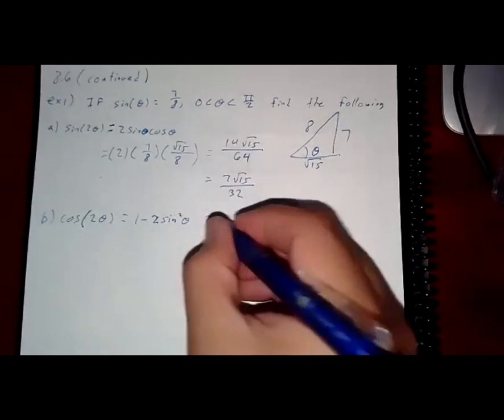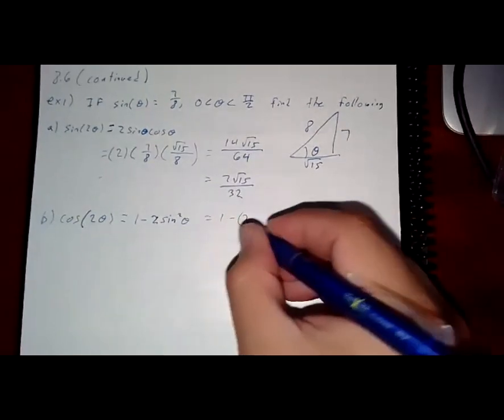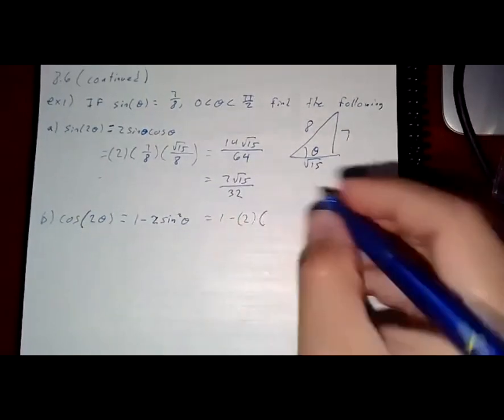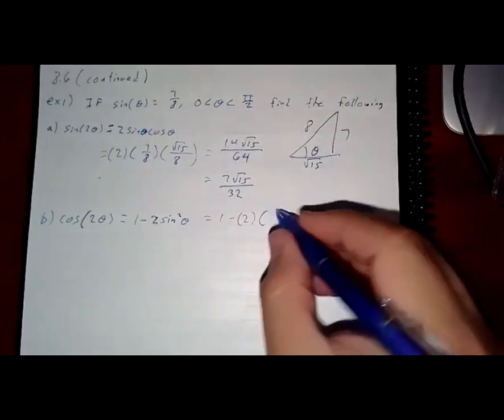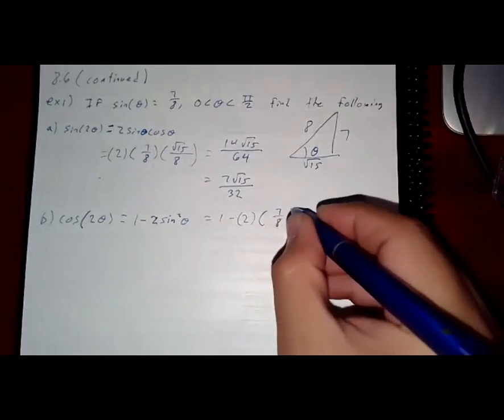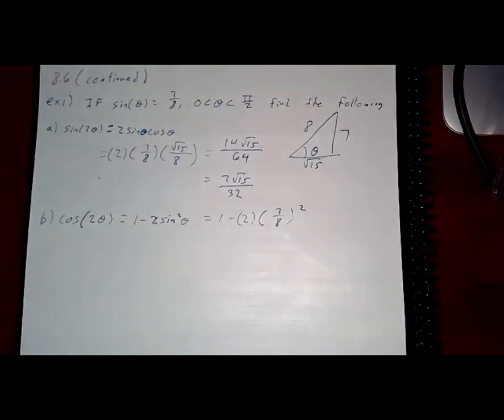So the answer will be 1 minus 2 times sine squared, which is 7/8 squared. Okay.